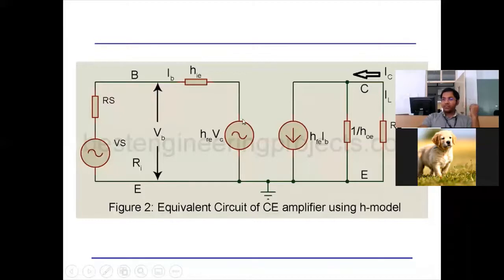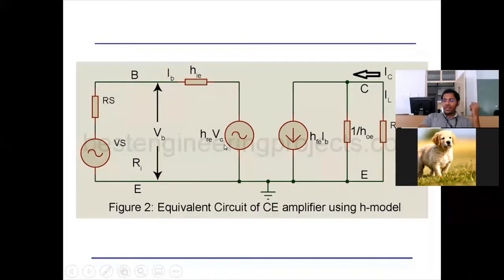When I do that, I automatically get a simplification here. How? VC is minus IC into RL. If I take the magnitude of this, it will be HRE IC RL.